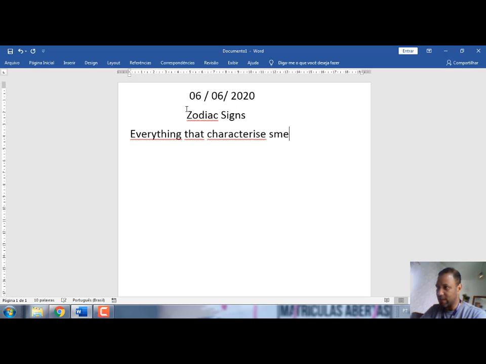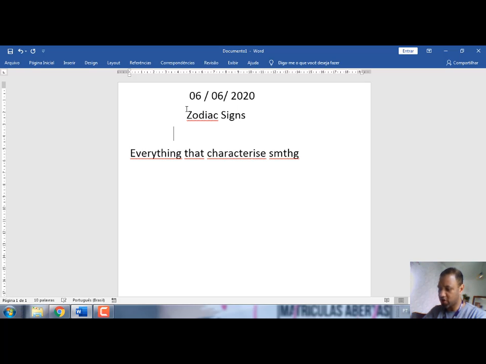If it is an object, for example, if something is big or small or old or new, or something is difficult, beautiful, those words that I told you right now are called adjectives, because they characterize something.